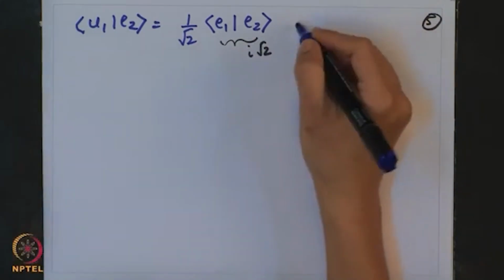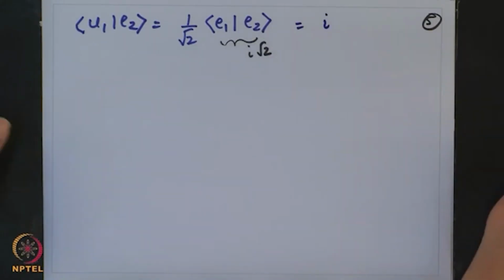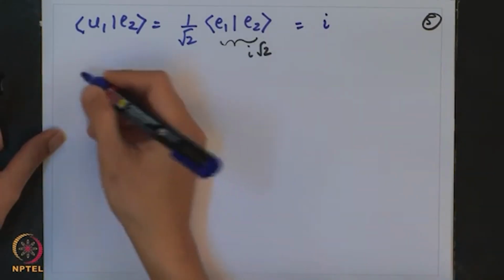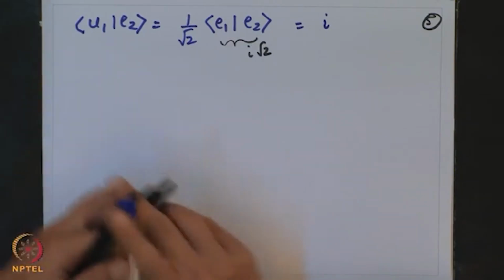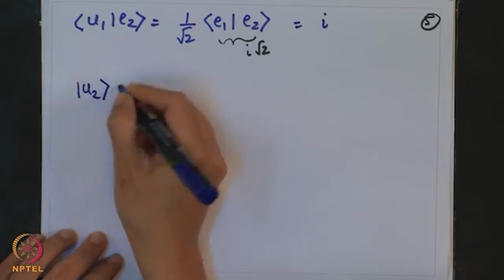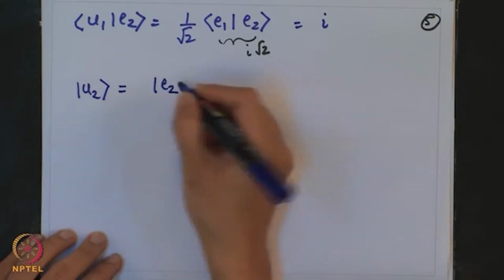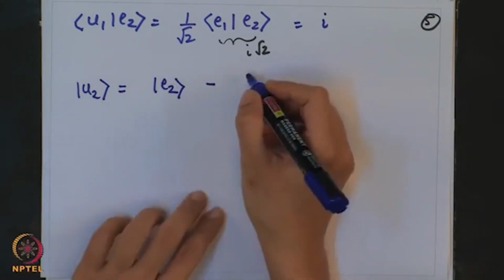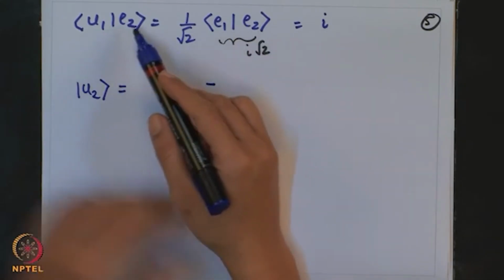So this will be nothing but i. Okay. So again U2, I can write it as E2 minus U1 E2.